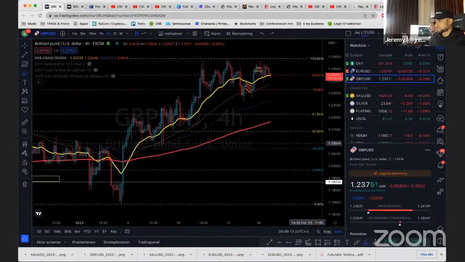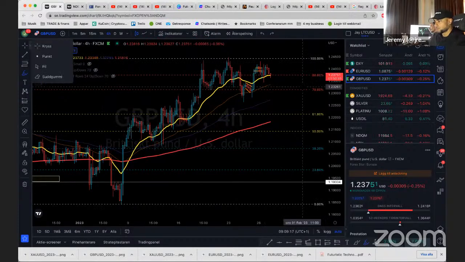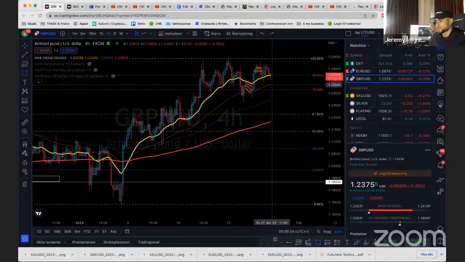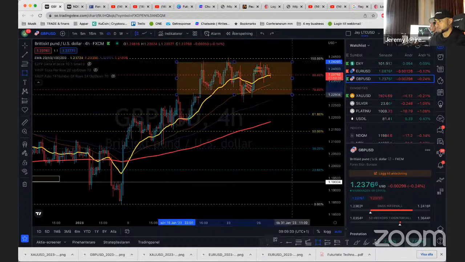Now, that's the range. So basically what I'm going to do is draw a box here. We want to box this area in. Something like that.